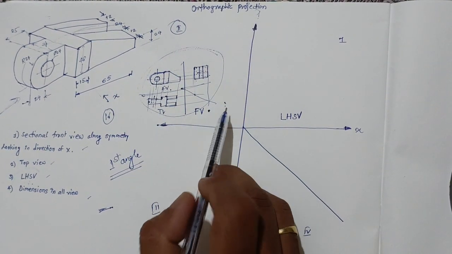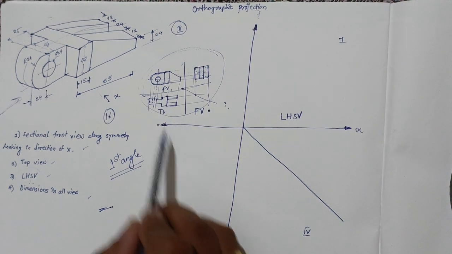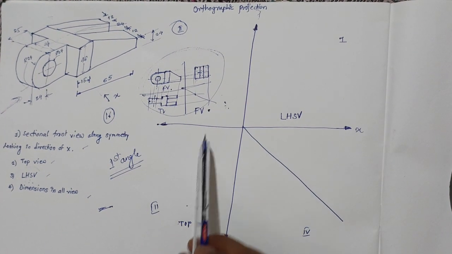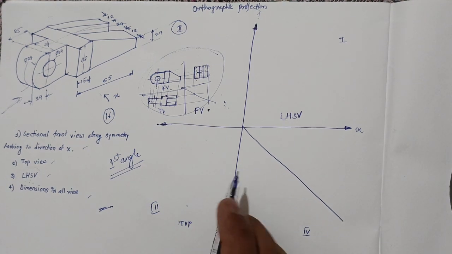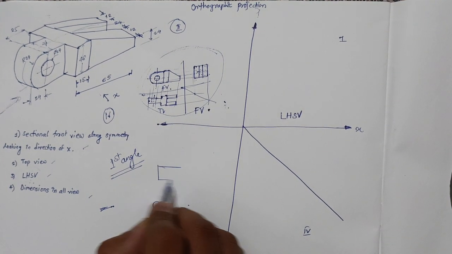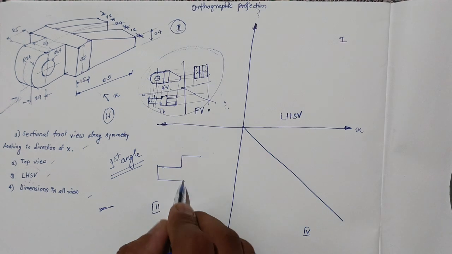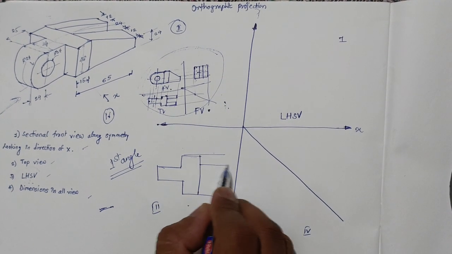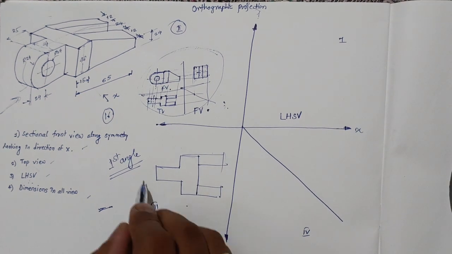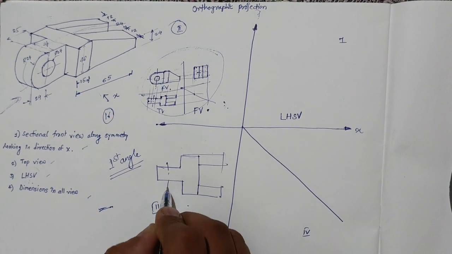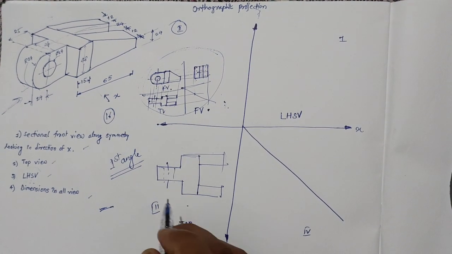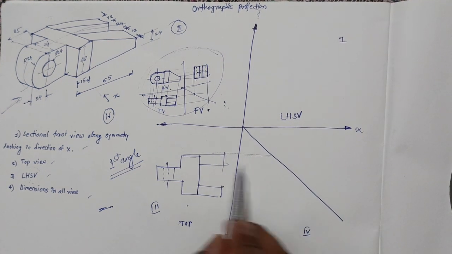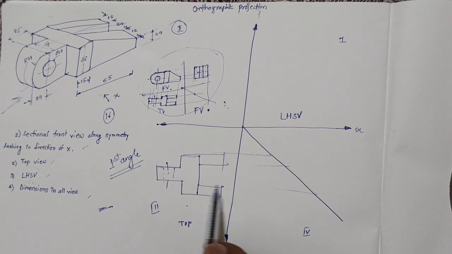You draw the front view, then draw a similar kind of top view in this view. With the help of these two views, take its projection. For example, here the view will be like this. Then the dotted line, this one. And these projections can be transferred towards this 45 line like this.